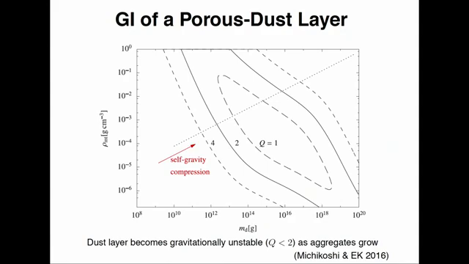So this is the indicator of the stability of the disk system. If Q is smaller than 2, the disk is gravitationally unstable against non-axisymmetric perturbation. So then what we found is, at this stage, this kind of thing happens.